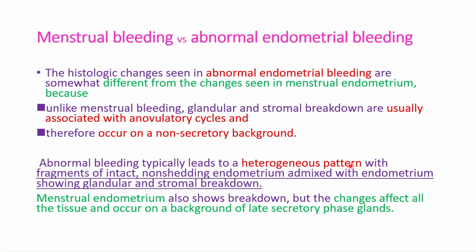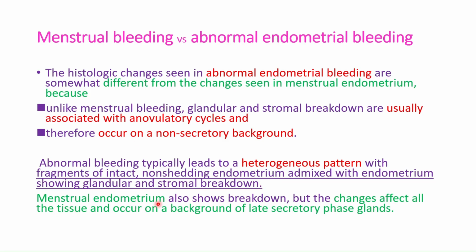Having a heterogeneous pattern means there is presence of fragments of intact non-shedding endometrium along with endometrium showing glandular and stromal breakdown. So, normal plus abnormal.